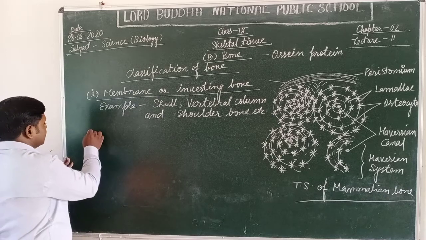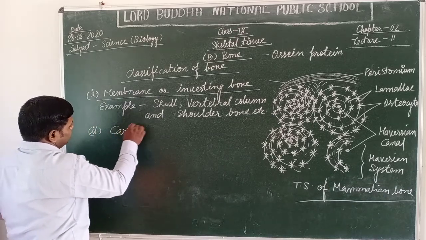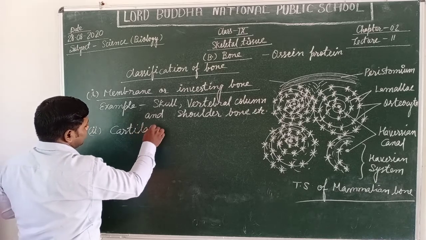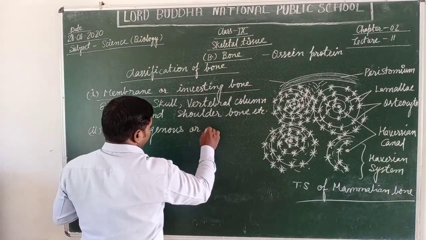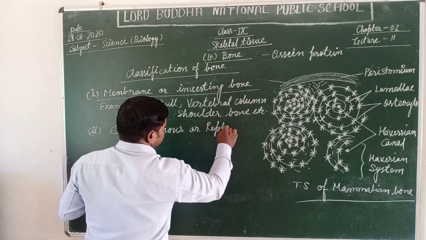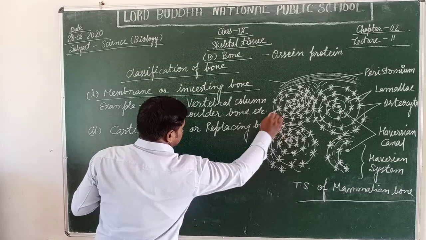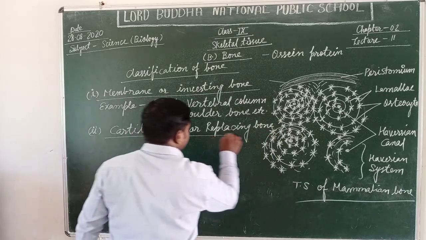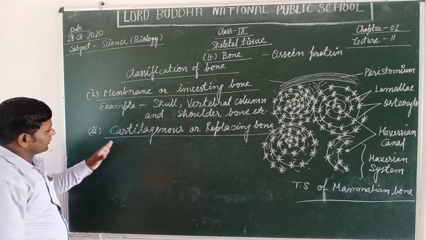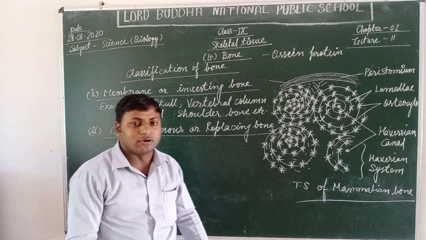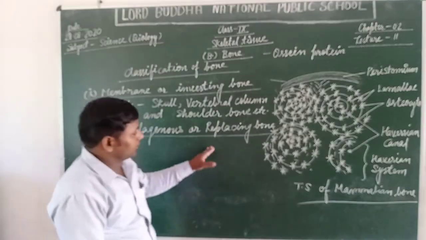Now students, the second type of bone is cartilage or replacing bone, or cartilaginous or replacing bone. Such bones develop by replacing the matrix of the cartilage and become hard.